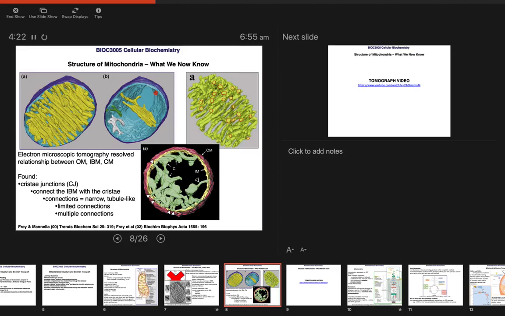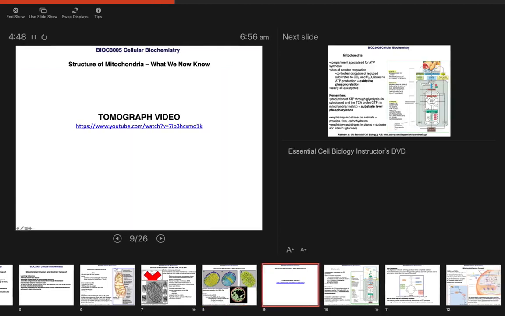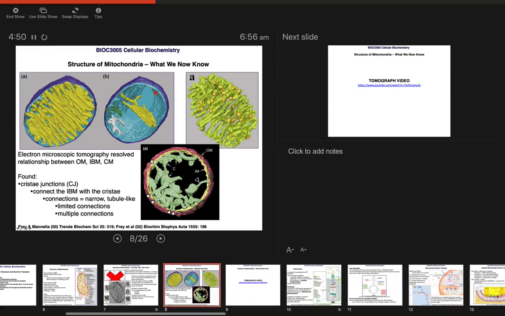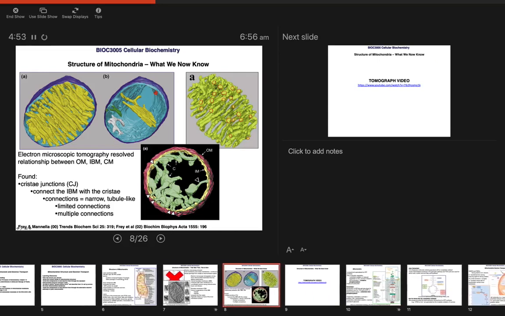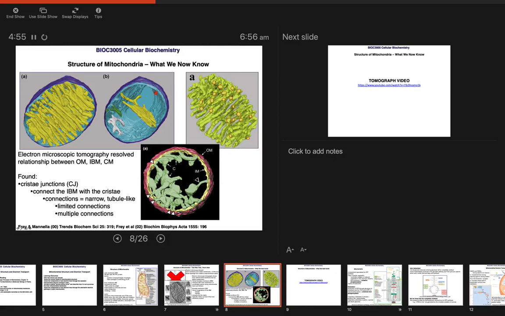In the lower figure A, you can see a single cristae junction at about 3 o'clock leading into a kind of tubule, but then that goes into more of a sheet-like cristae. But if you go to about 12 o'clock and 1 o'clock on that same diagram, you can see the same cristae having two connections with the inner boundary membrane. Right?